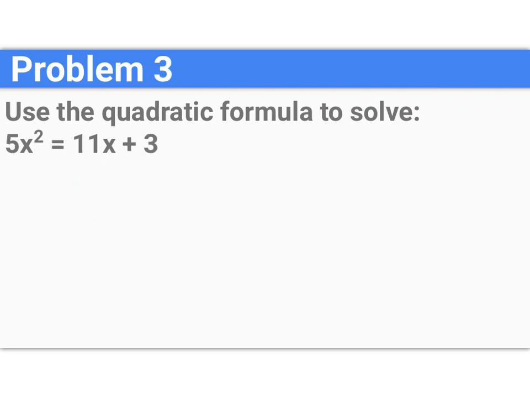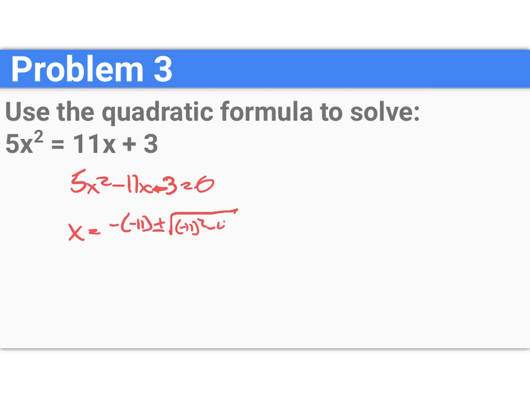Okay, 5x squared minus 11x plus, no, minus, you had a minus in both. My x equals negative b plus or minus the square root of negative 11 squared minus 4 times a times c, all over 2 times 5.